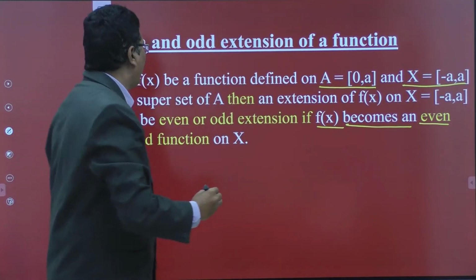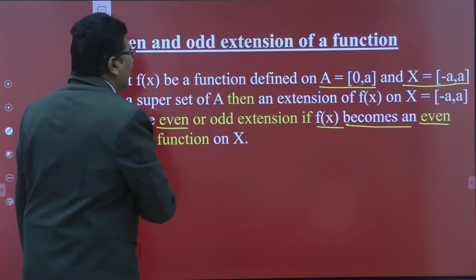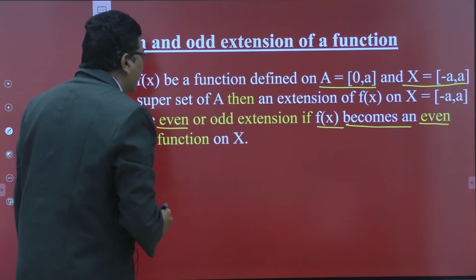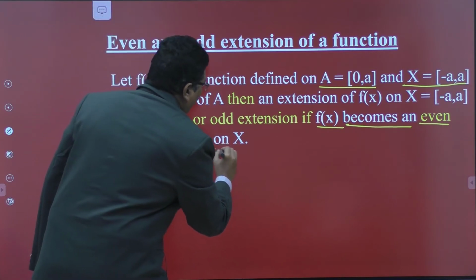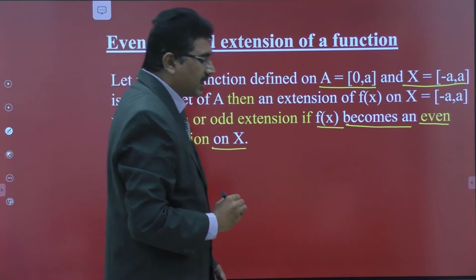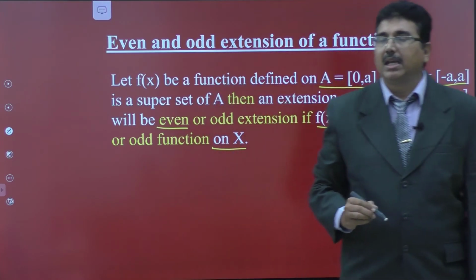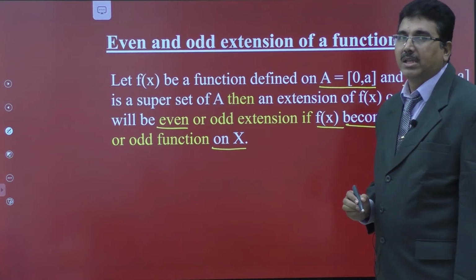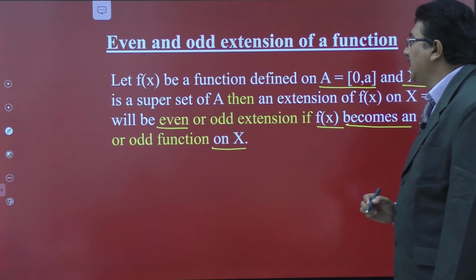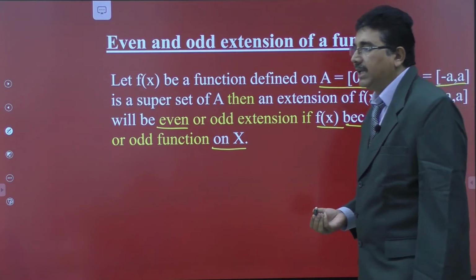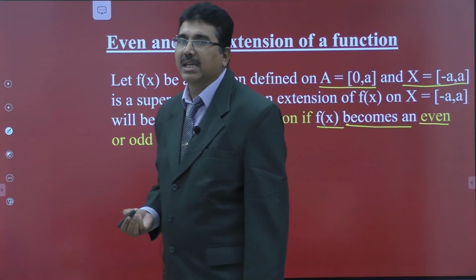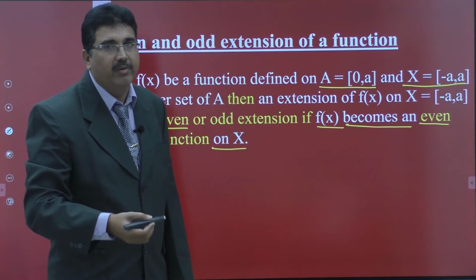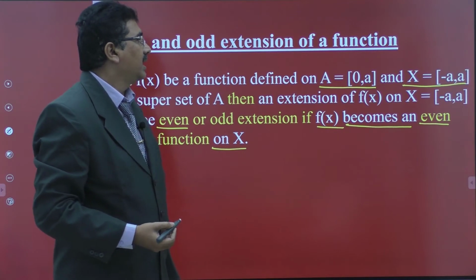If f of x becomes an odd function on X, then the extension of f of x will be odd. Therefore, the even extension or odd extension depends on whether the function is even or odd, right?